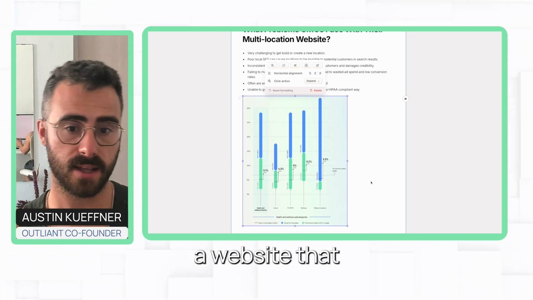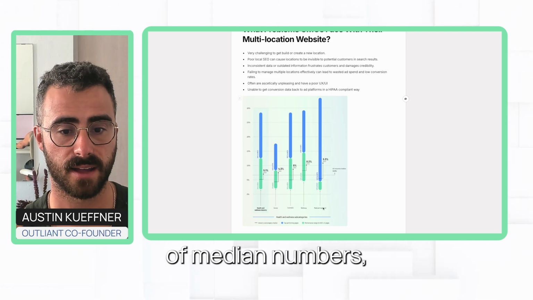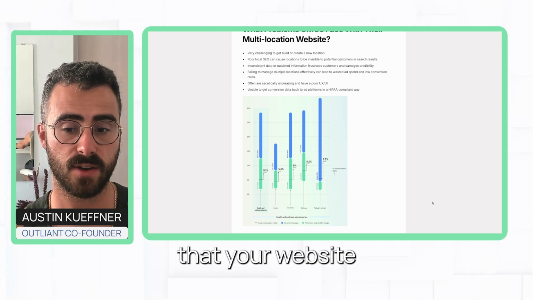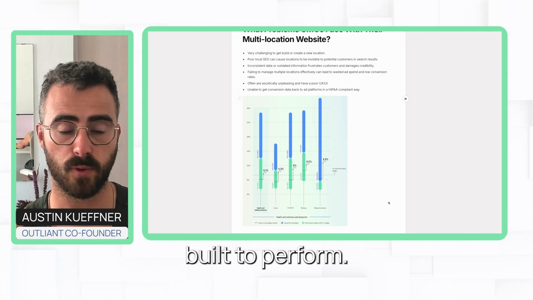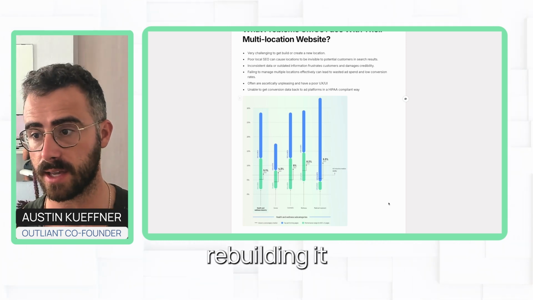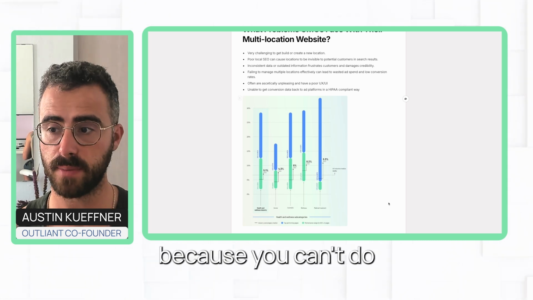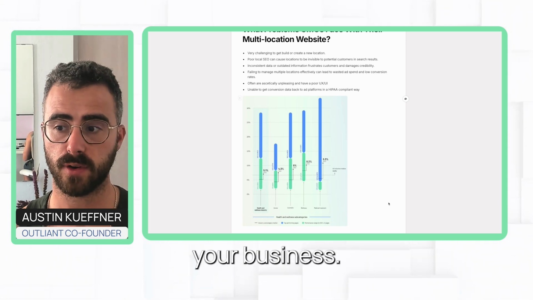If you have a website that converts under these median numbers, that means your website is not really built to perform, and you should either do CRO, consider rebuilding it, or look at your ad strategy, but you have a very large problem because you can't do patient acquisition to grow your business.